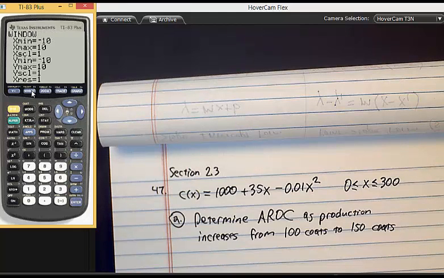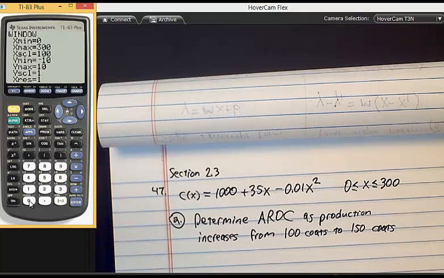Now, they tell me what to do for the x's, right? What should I put? 0 to 300. Sure. 0, 300. So we can make up to 300 raincoats, and this model applies. I'm going to put a mark every 100 so I can see what's happening on the picture. Now, what about Y-min and Y-max?